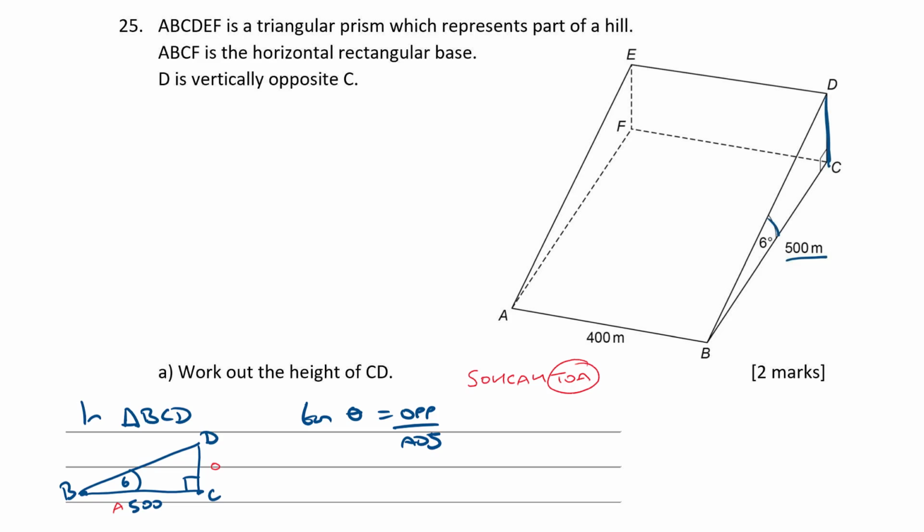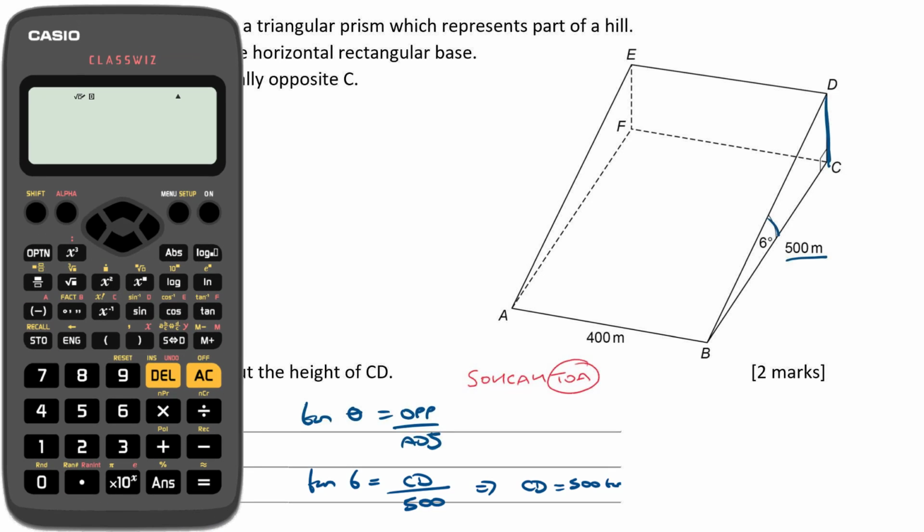I want the opposite, and I know the adjacent, and I know the angle. So I've got tan 6 equals the opposite, which is what I want to find, CD, divided by the adjacent, which is 500, which means that CD is equal to 500 tan 6. So time to reach for the calculator.